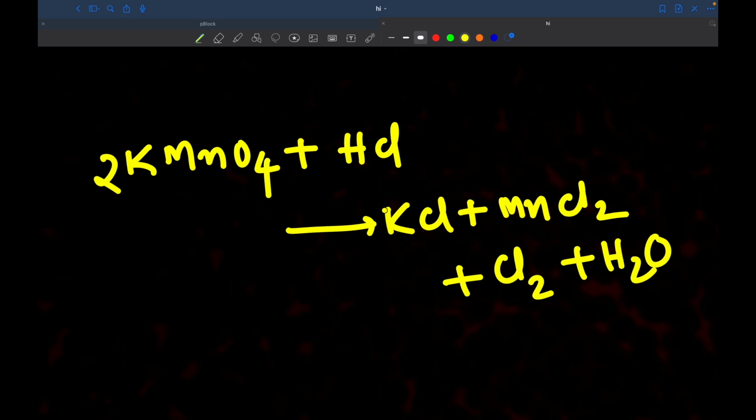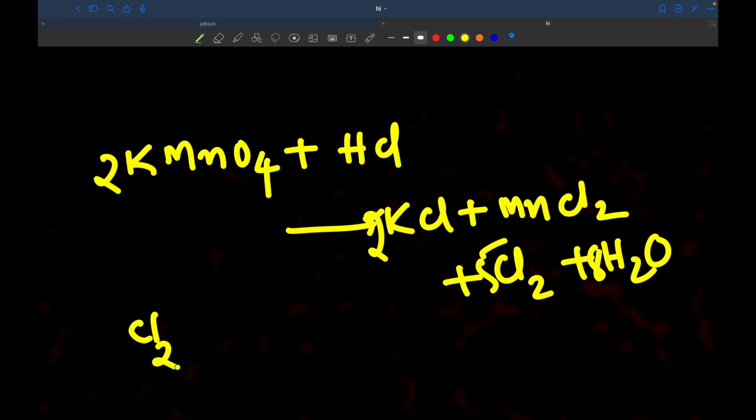How do we balance it? We take 2 here, 16 will come, I think. This would be 5, this would be 8. Balancing is not important, but how you prepare it is important. KMnO4 plus HCl gives you KCl, MnCl2 plus chlorine gas. This is the second preparation.